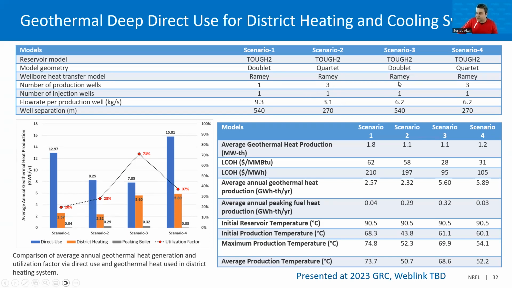And we thought that 1 production, 1 injection would give us better results based on the proximity of wells in the area. And in terms of the utilization factor, that is the highest of all. So that was a good practice for that purpose.